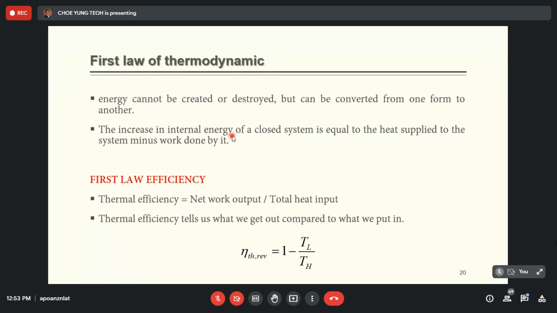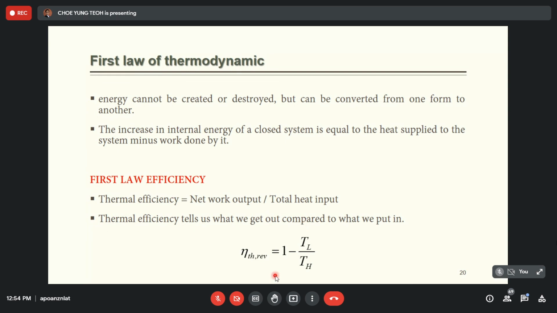No losses. And based on the first law of thermodynamics, we have the first law efficiency, which we can also call thermal efficiency. This thermal efficiency is equivalent to net work output over the total heat input. So in layman's terms, thermal efficiency tells us what we get, the output, compared to what we put in.